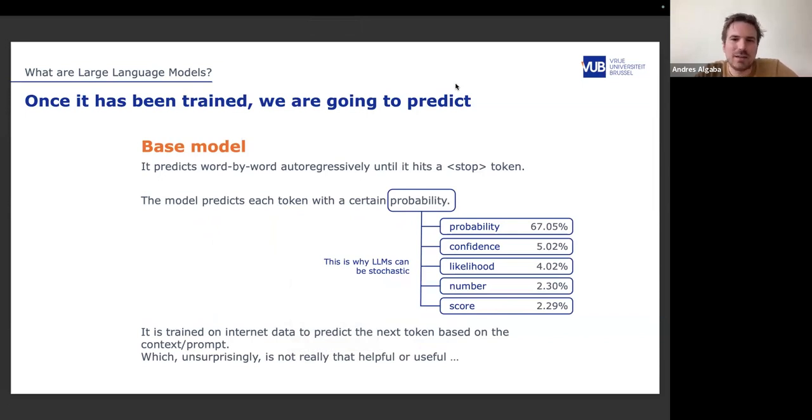So when I want the model to make a prediction, it will actually generate a probability for tokens. It will say the word probability has a 67% chance of appearing next, confidence has a 5% chance of appearing next, likelihood 4%, and so on, and so on. Now, what will happen in practice is that I will actually draw a word from this probability distribution.